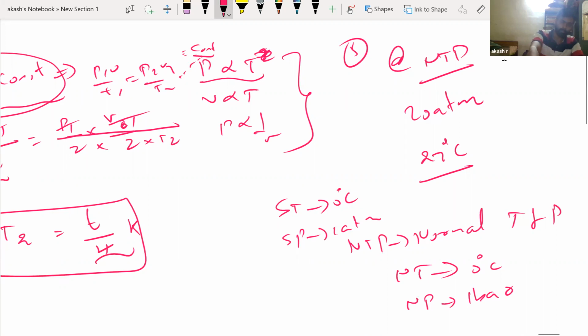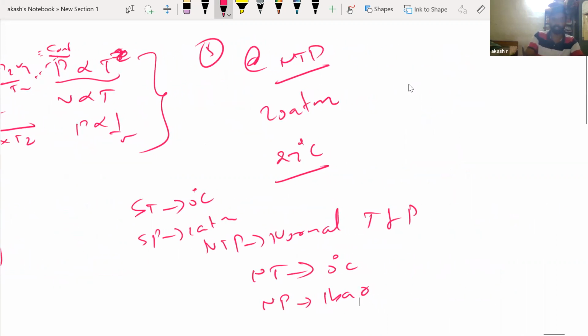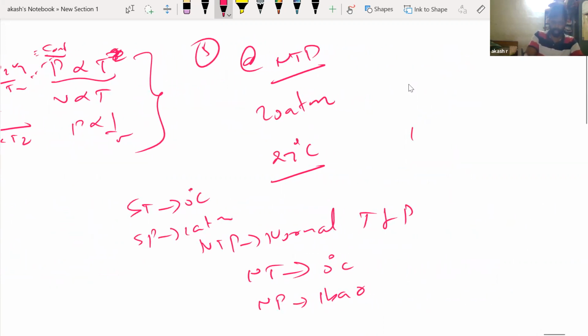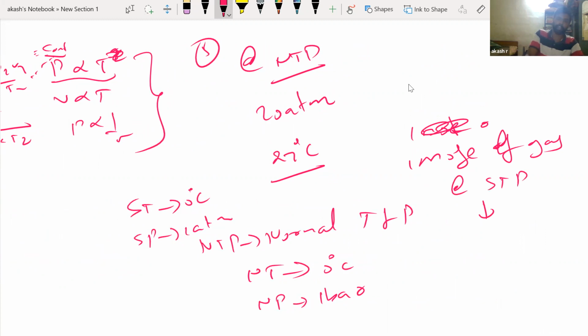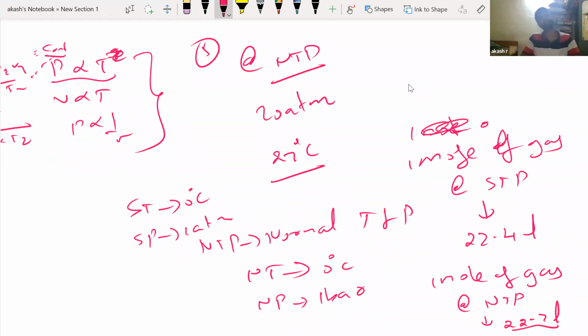And what we have to understand is, 1 mole of gas at STP will occupy a volume of 22.4 liters. But 1 mole of gas at NTP will occupy a volume of 22.7 liters.